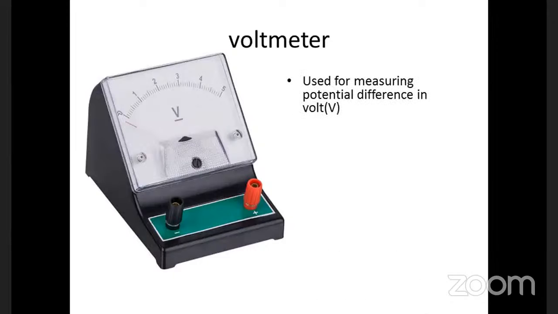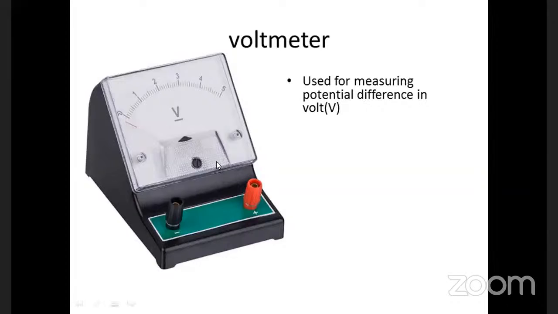It is an instrument used for measuring voltage, which we sometimes call potential difference. In short form, we usually say it is PD. It is used for measuring PD across the ends of a conductor or across the ends of a load. So we measure this using a voltmeter, and the voltmeter reads in volts.